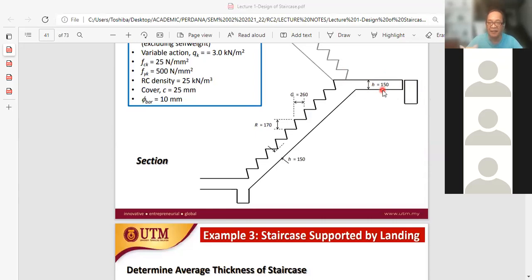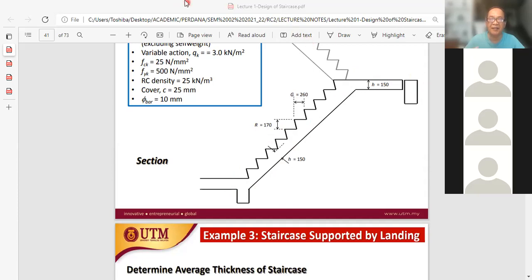This is the first main criterion we can observe from the cross-section view: there is a beam located at the end of the landing. However, the beam is not connected to the landing.